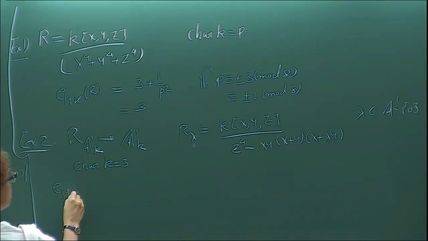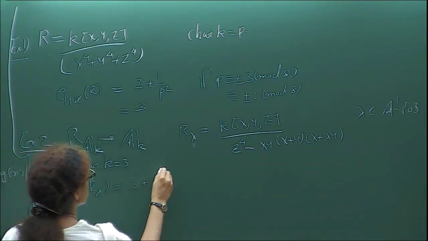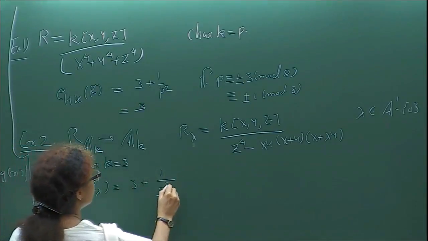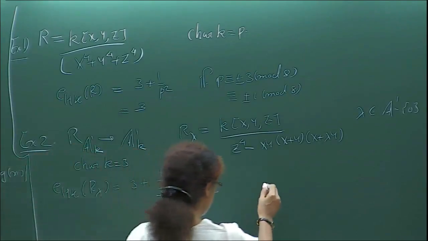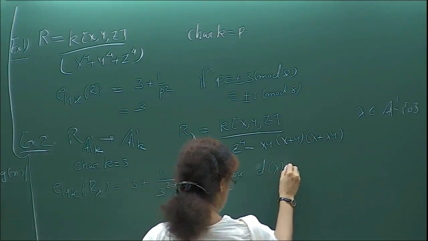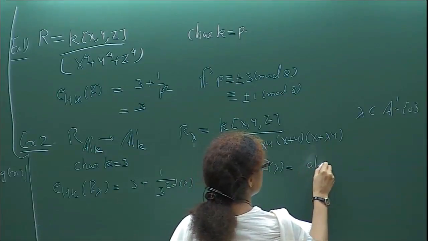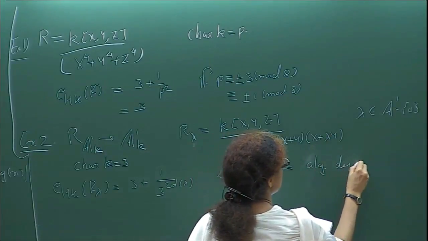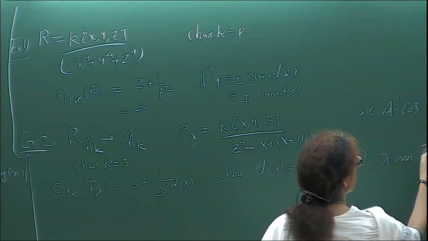So he said EHK of R lambda is 3 plus 1 upon 3 to the D lambda. So I'm defining D lambda, where D lambda is the algebraic degree of lambda over Z naught 3Z.